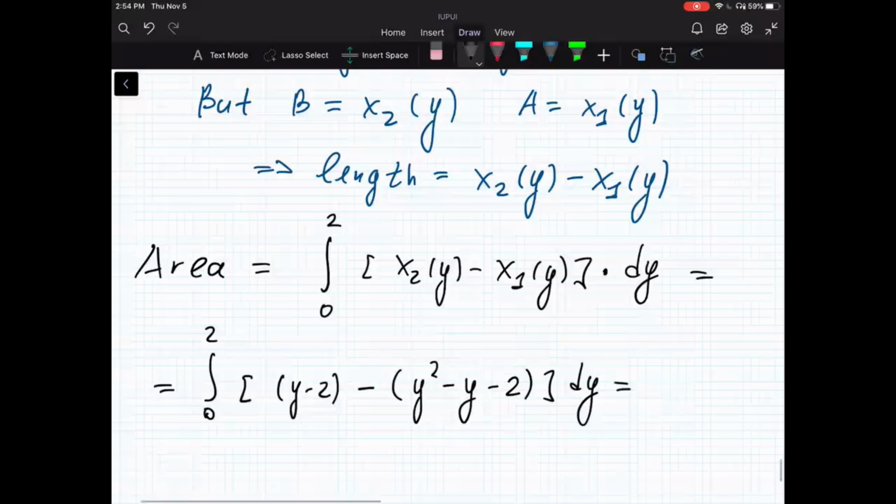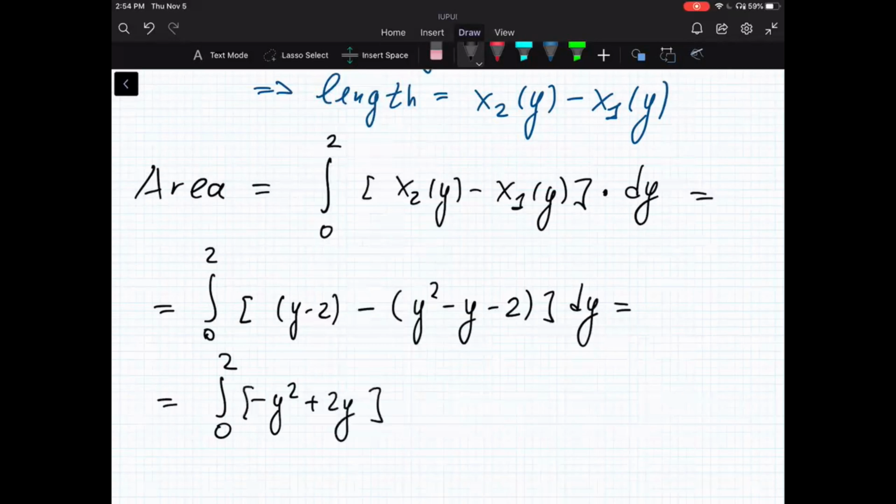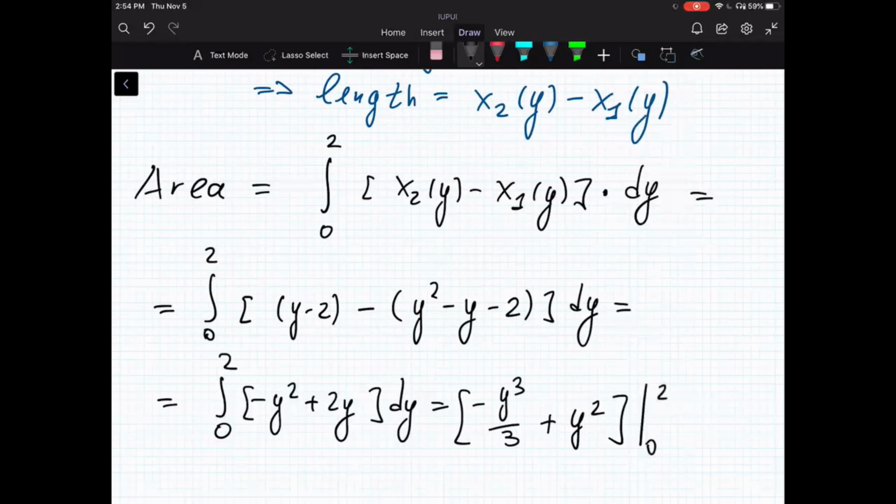And so I can simplify it and get the integral from 0 to 2 of minus y squared plus 2y dy. And the integral thus will be minus y cubed over 3 plus y squared, evaluated from 0 to 2. And you can check that it is 4 over 3.